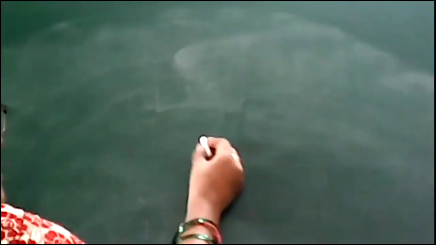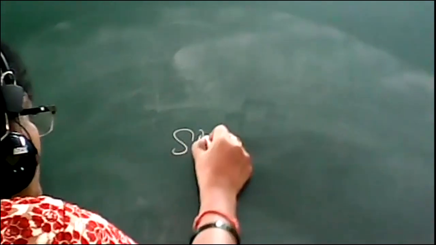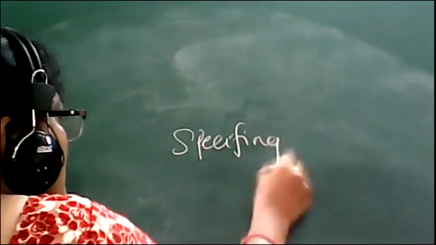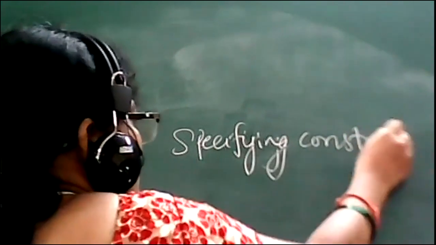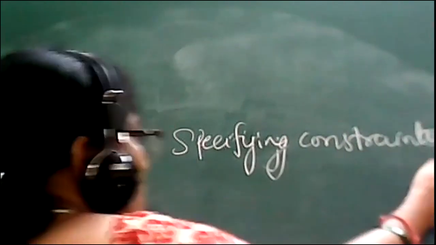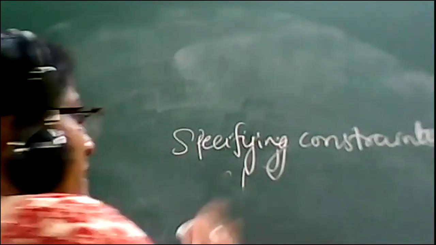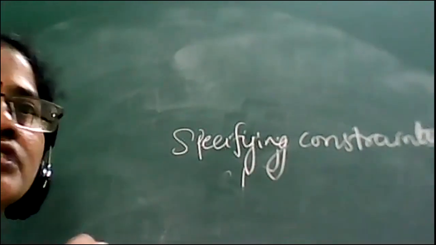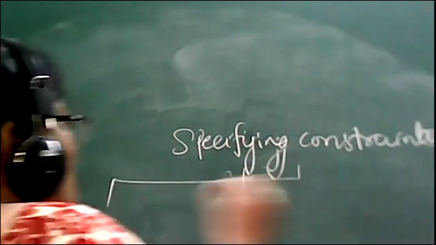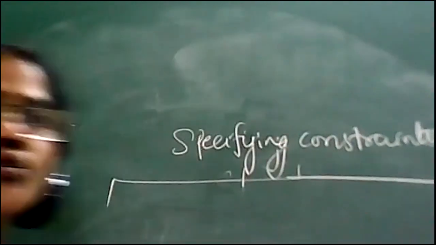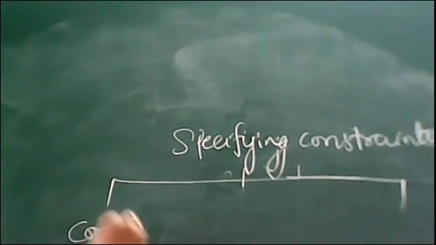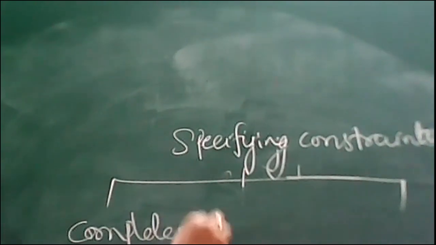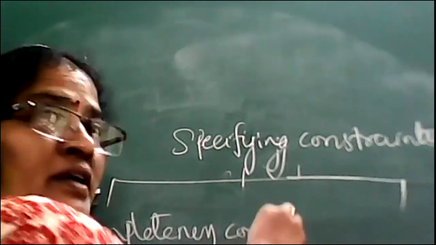Are you able to see this? Okay. See, constraints, specifying constraints on supertype subtype hierarchies. Okay, so actually this specifying constraints on the supertype subtype, we can say them into two types. We can divide them into two types, that is the completeness constraints. Are you able to see completeness constraints? No, ma'am.